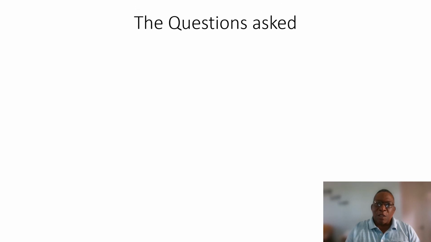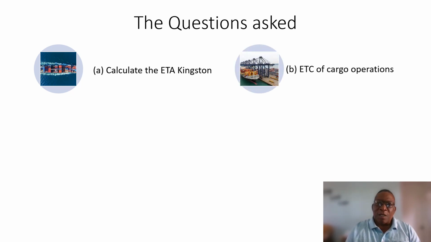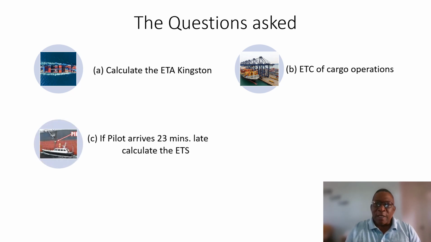Now, the question asks, A, calculate the estimated time of arrival in Kingston, the ETA to Kingston. In B, it asks us to find the estimated time of completion of cargo operations.